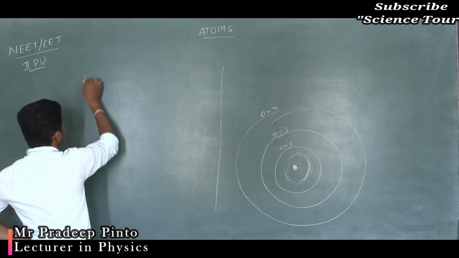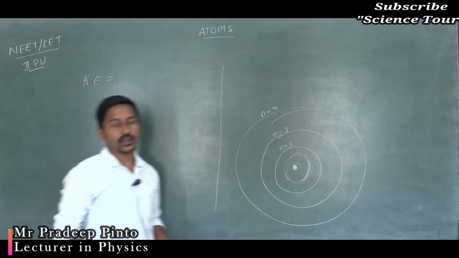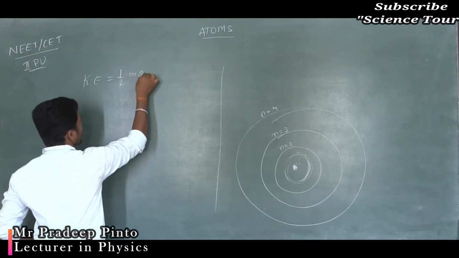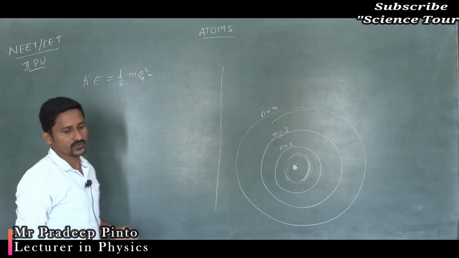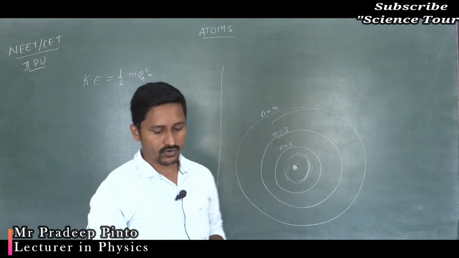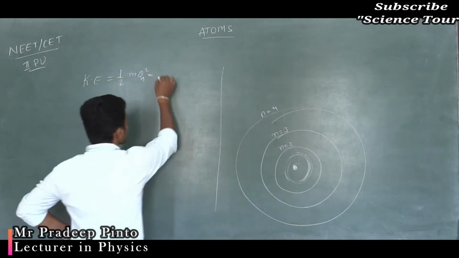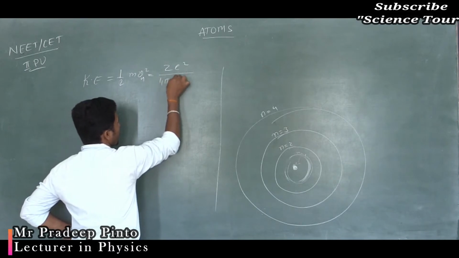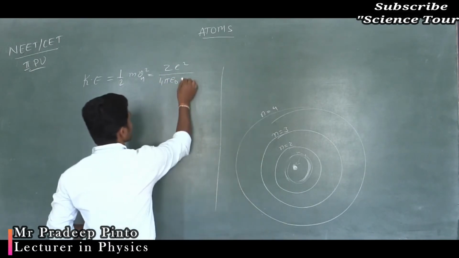So what is that kinetic energy? Kinetic energy we write as half mv square. As we studied in the last class, you substitute v square, so that half mv square is equal to Ze square divided by 1 by 4 pi epsilon naught and 2 Rn.